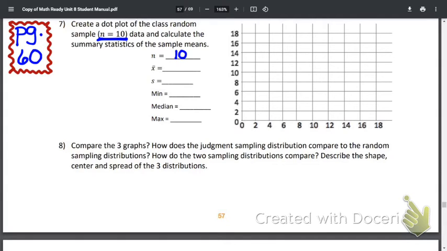There is 1 on the 4, 2 on the 5, 3 for 6 and 7, 2 for 8, 3 for 9, and 3 for 10. Oops, that dot went too high. There we go.